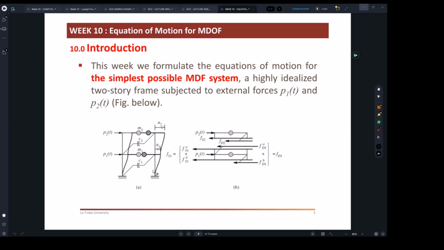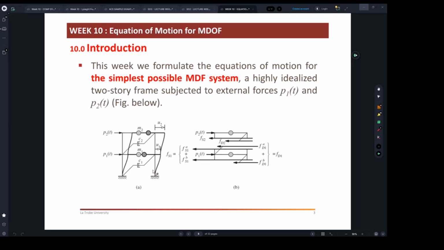What we have covered so far, from week 3 all the way to last week, was single degree of freedom systems, where a decent floor can be considered as one mass, or a structure like a water tank or any other elevated structure can be idealized as one mass, and you can easily ignore the supporting element like a post. So that's all one degree of freedom.